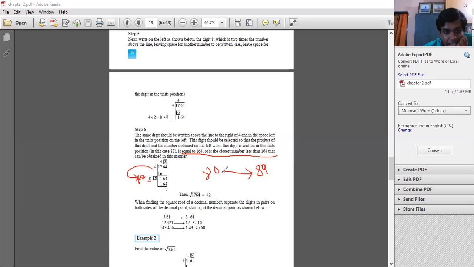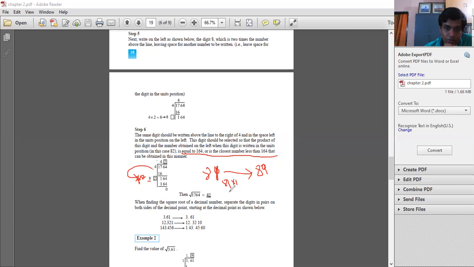Either it's 80 into 80, which will give you 80 into 0, which is 0. That will be wrong. 81, it should be 1 then. I'm sorry about that. 81 into 1 will give you 81.